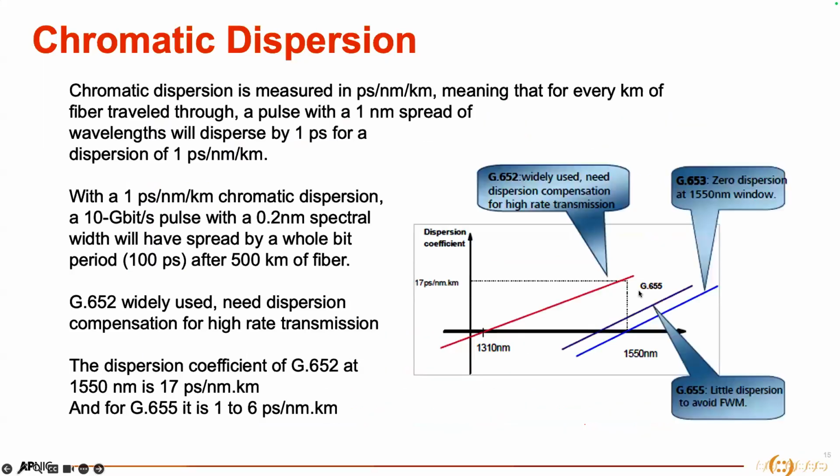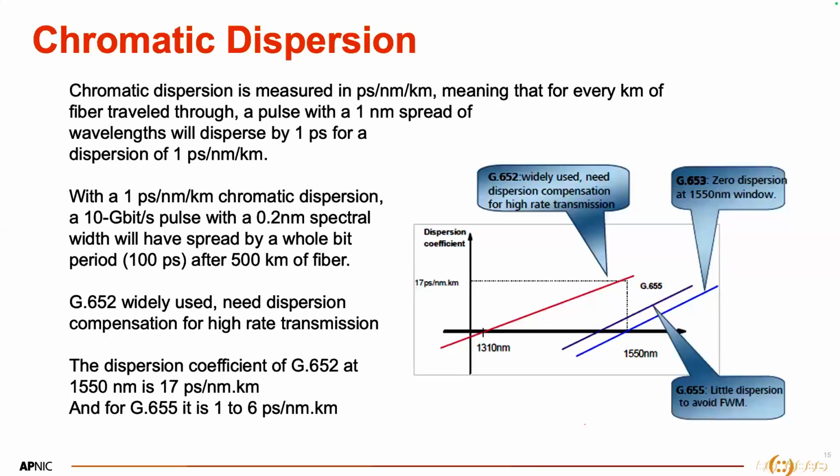For chromatic dispersion, there are several ways to make amendments. One of the significant factors is fiber. Among all the measures which can be taken, one of the significant factors is the fiber.